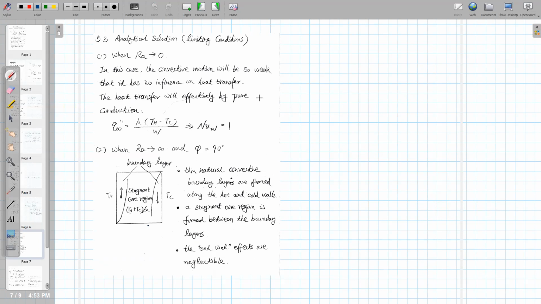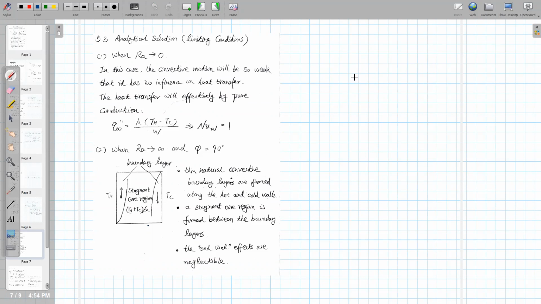If it becomes conduction, then the temperature distribution between the hot wall and cold wall will become a linear distribution, if the side wall is, no matter which type, either insulated or perfectly conductive.